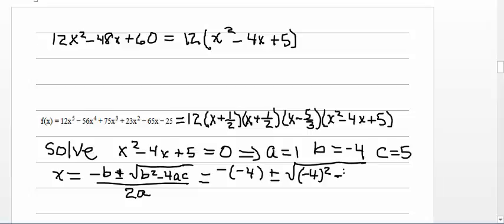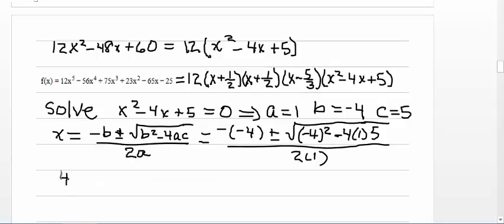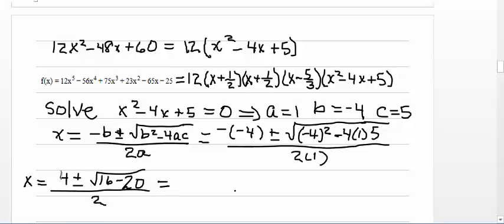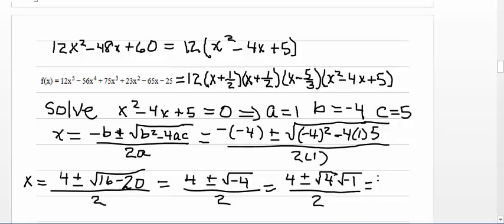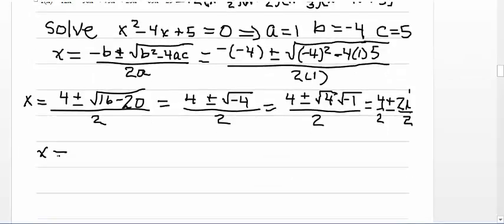So this is 4 plus or minus the square root of negative 4 squared minus 4 times 1 times 5, all over 2 times 1. So my x is 4 plus or minus the square root of 16 minus 20 all over 2, which is 4 plus or minus the square root of negative 4 over 2, which is 4 plus or minus the square root of 4 times the square root of negative 1 all over 2, which is 4 plus or minus 2i.